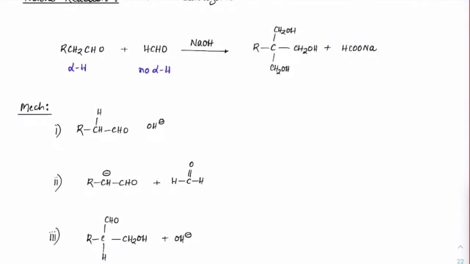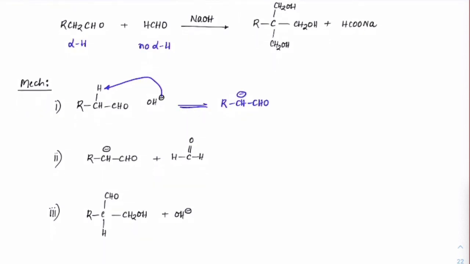See, first, if I take the first mole here, react that with OH minus. We know that first it will extract a proton from here because it is going through an aldol route now. We have RCH CHO minus. So this is the enolate which has formed. This enolate will attack on HC double bond O, going through Claisen-Schmidt reaction here.